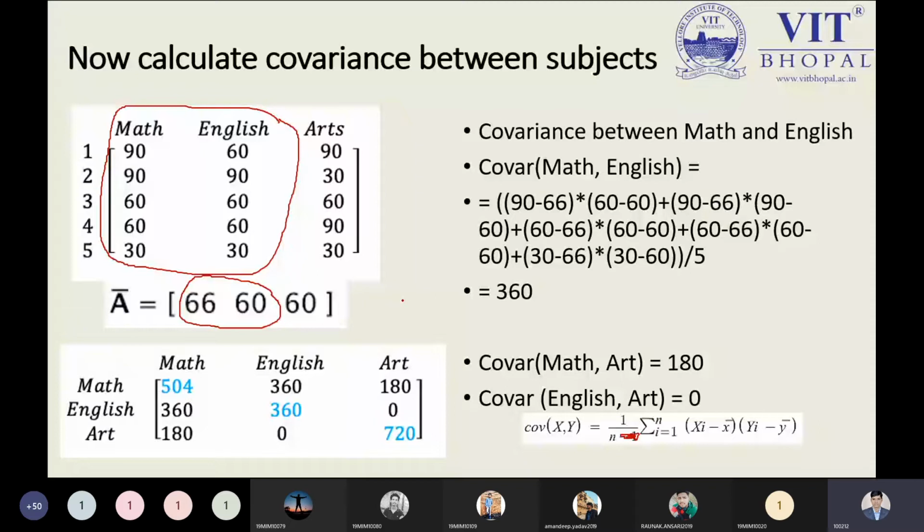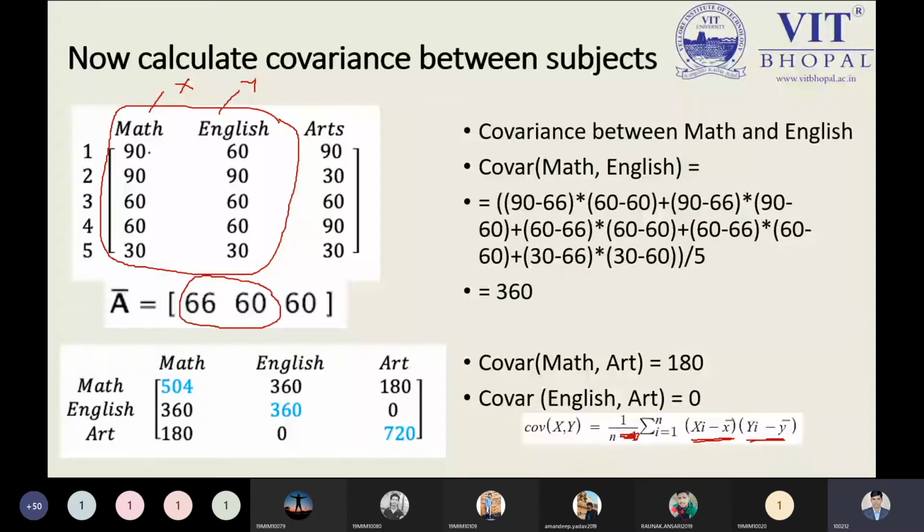Let us understand what you need to do. It's a simple formula. Here we have two variables, x and y. Can I say math becomes x and English becomes y? Okay. Please do not think about the solution right now, think about the formula.